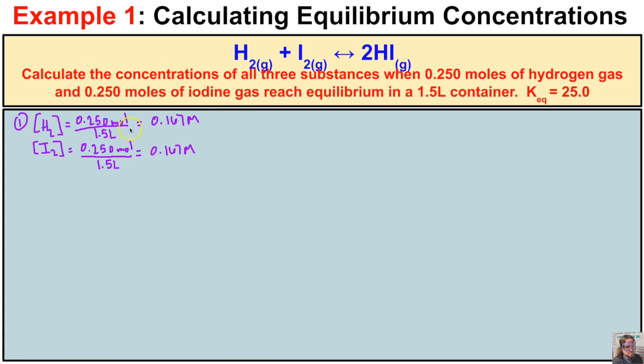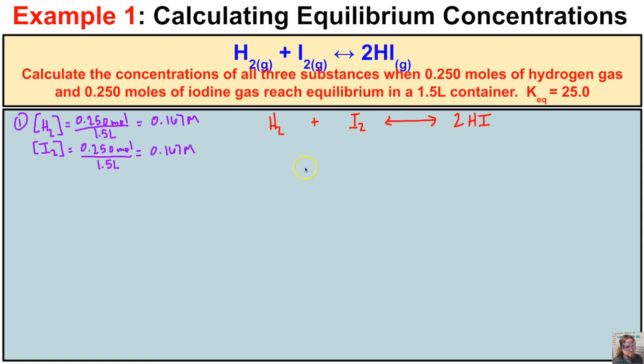So the first thing we did is we figured out the concentrations of the substances that we're starting off with. And so now that we know this information, we can rewrite this chemical equation. Okay, so let's go ahead and do that. In this chemical equation here, we have H2 gas reacting with I2 gas, and this is in equilibrium with 2 moles of HI gas.